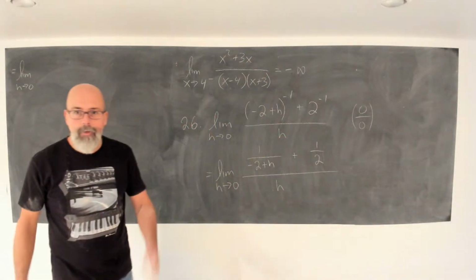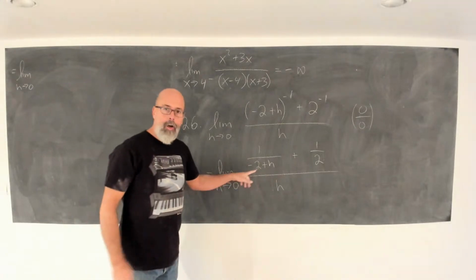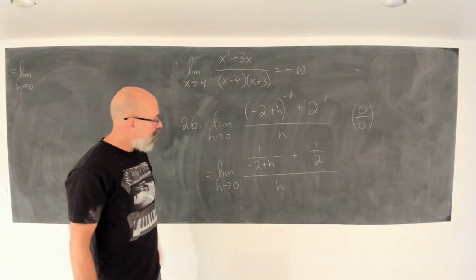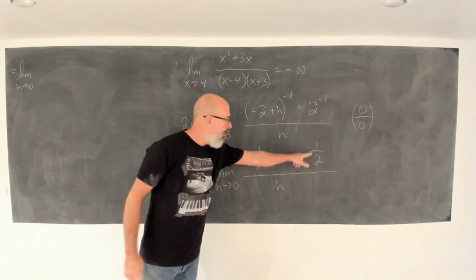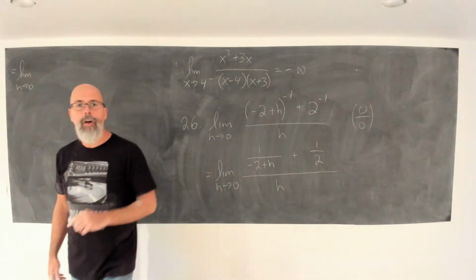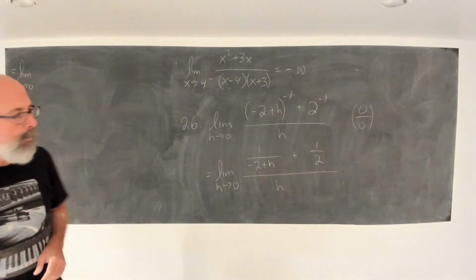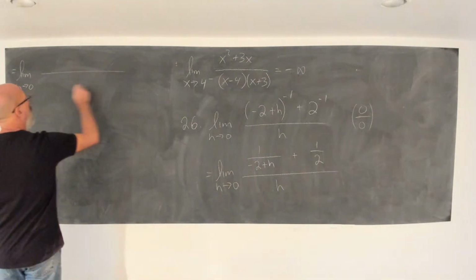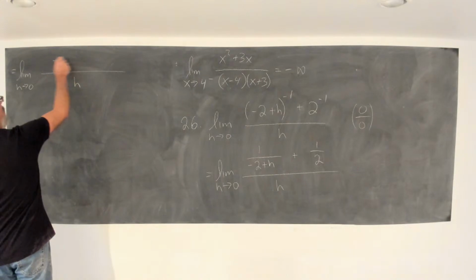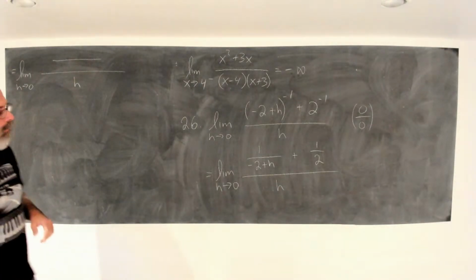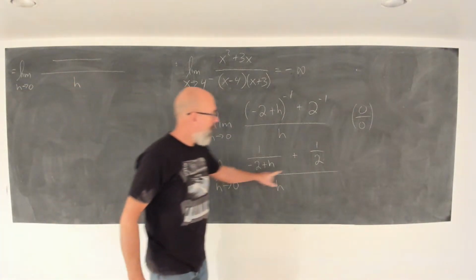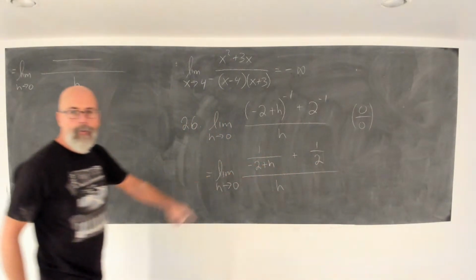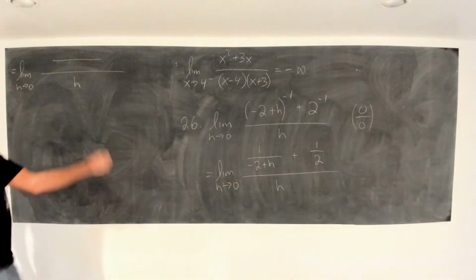We haven't really done anything here. Jordan is suggesting to move these to the bottom. Before we do so, though, I think we need to find a common denominator for the numerator. So let's do that. The common denominator for the numerator is going to be the product.